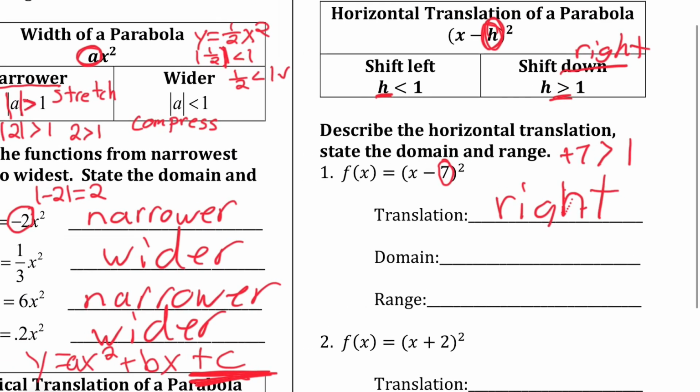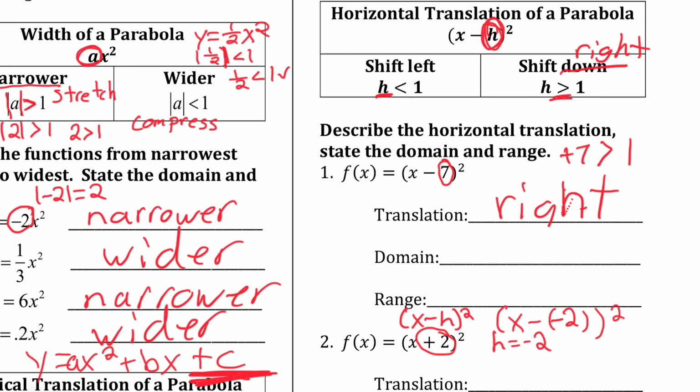Let's look at another example. Our h is as if it was written (x minus h) squared. So that means what number do we have to substitute in for h to make it +2? Well, we have to substitute in -2.